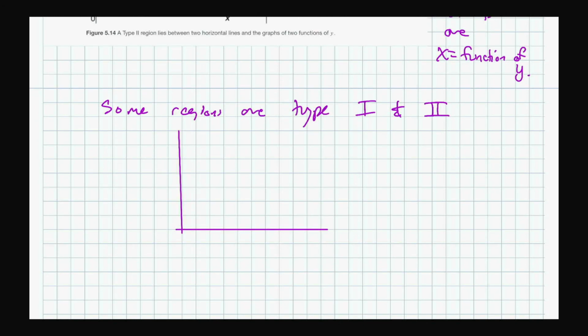As an example here, if you do y equals square root x, and then you do y equals x cubed, and you put D in between, that's a type 1 and type 2, because you can say top curve and bottom curve, but also you could think of it as curve on the left, curve on the right. So you could actually set it up either way.